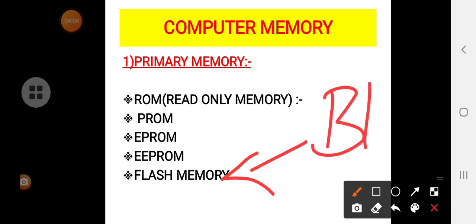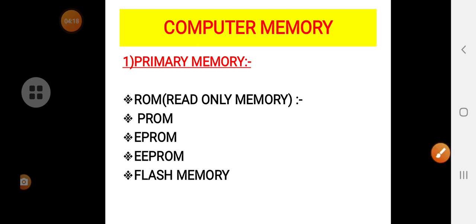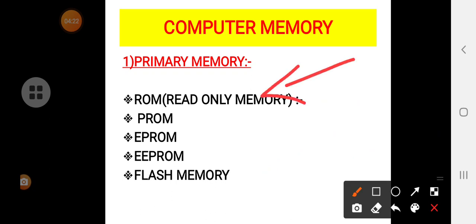There we change the BIOS settings itself. So this is flash memory. The question goes like this: what is a ROM, and what are the different types of ROM? The different types of ROM are PROM, EPROM, EEPROM, and flash memory.